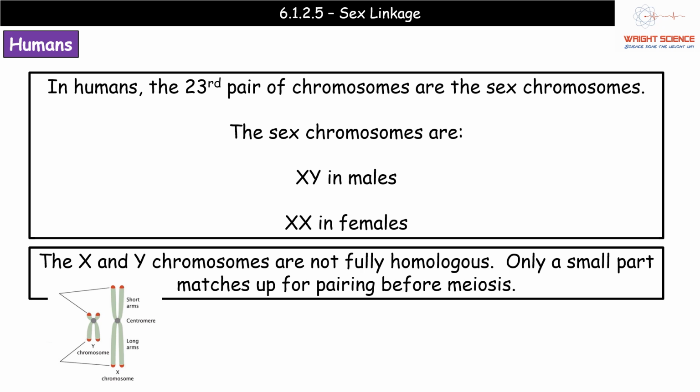In fact, we only have a very small part of these chromosomes that will pair up before meiosis takes place. And you can see the bits that pair up in the little diagram in the bottom left there. It's those little red bits on the tips, basically. Those are going to match up together. So on the X and the Y, they will match up so that we get them lining up in the correct orientation for meiosis to take place. But that's it. The rest of it's a little bit different.